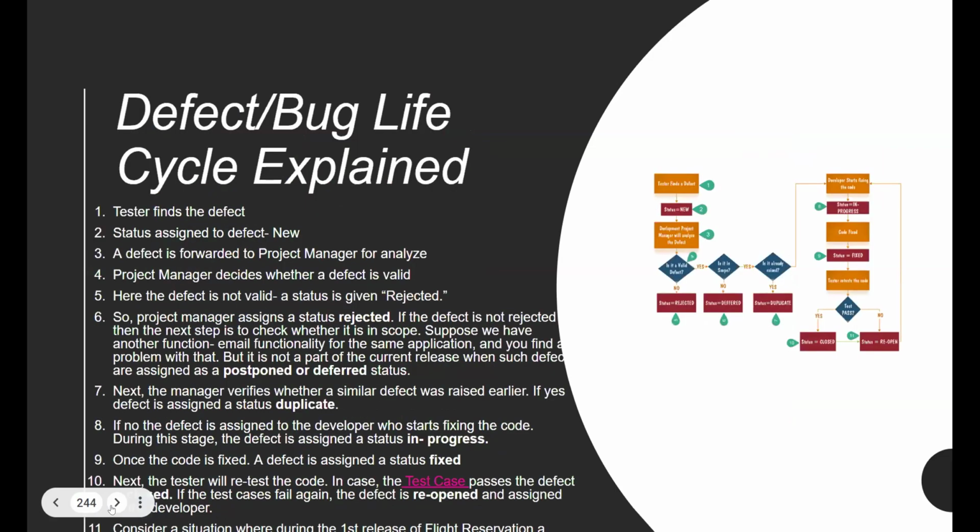Okay. So this is it explained, right? So first thing first, the tester finds the defects. Like I gave the example, maybe the login button, you cannot press it. It's not allowing you to log in.